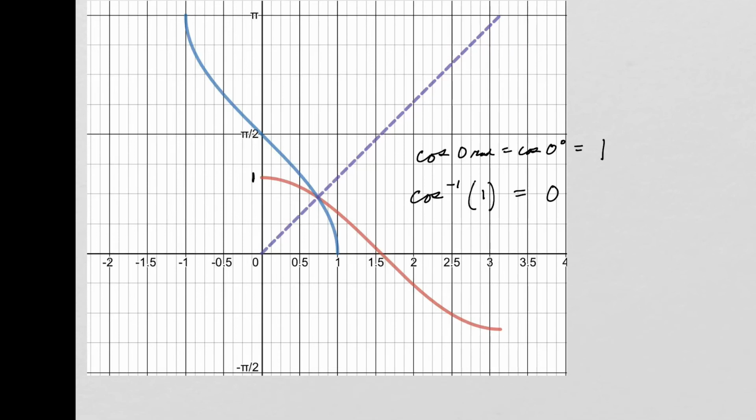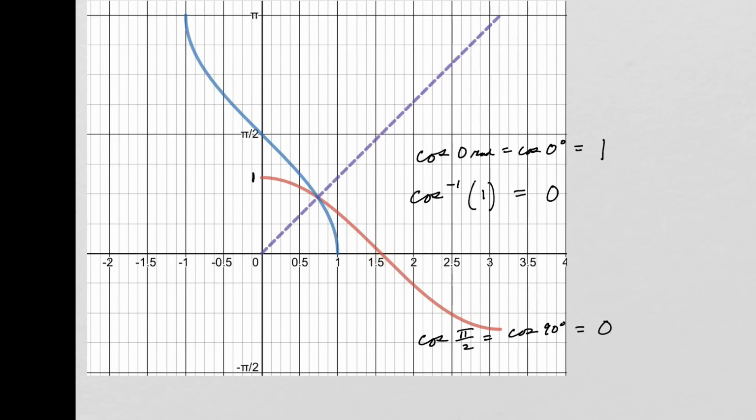Look at the other extreme. Let's say I do cosine of pi over 2, which is the same as cosine of 90 degrees. Well, remember, that's equal to 0, right? And we can see that on the graph right here. If my input is pi over 2, my output is going to be 0, right?